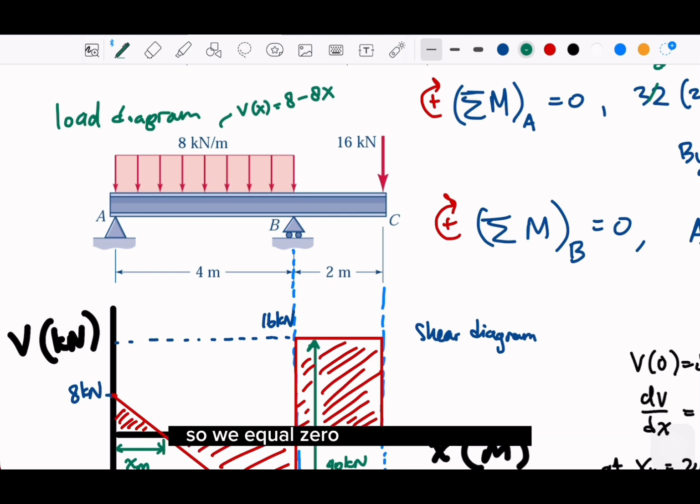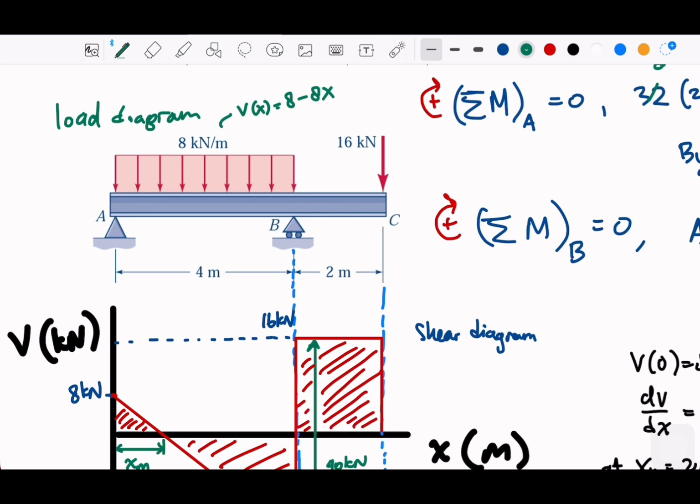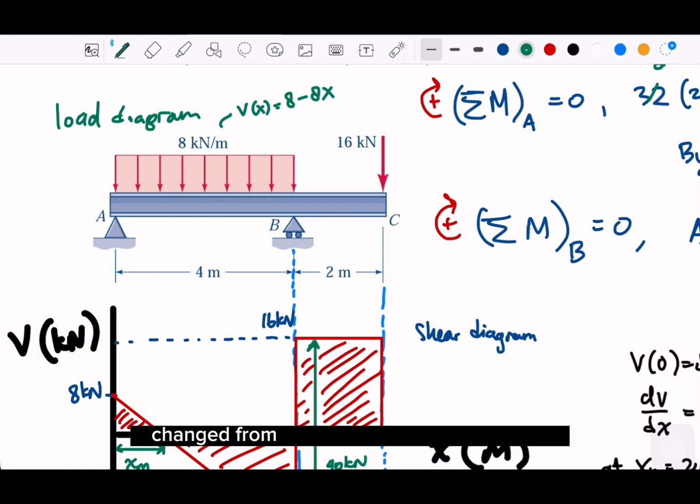So V equals 0 when x equals 1, right? So we can say that this xm is 1 meter. And what does this 0 mean? It's changing from positive to negative. The slope changes from positive slope to negative if you integrate.